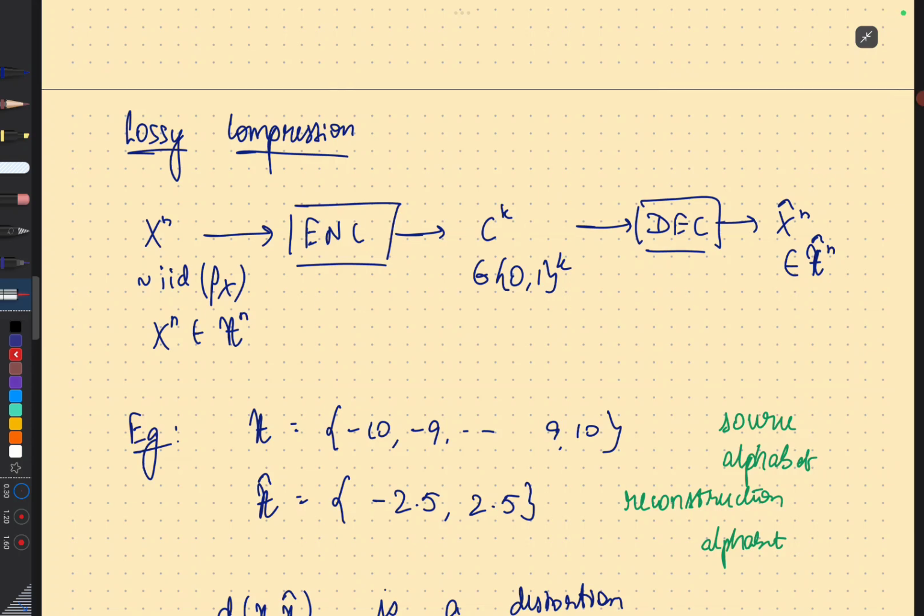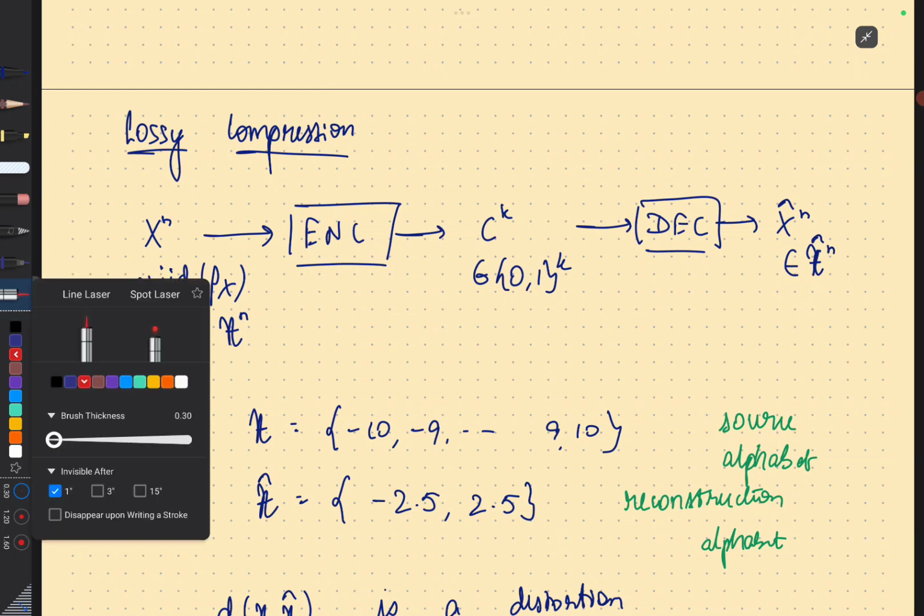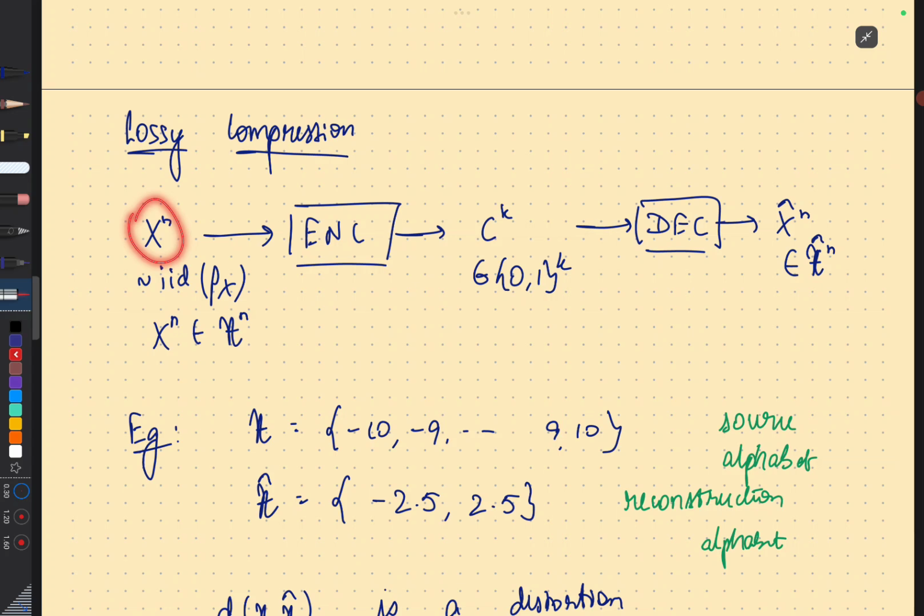Alright, so we were trying to find the fundamental limits of this problem of lossy compression of a memoryless source. We have a memoryless source x^n whose distribution is given to us. We are assuming that this is discrete, and the goal is to compress this to a k-length compressed sequence or code word such that we are able to reconstruct a version x hat that is close to x^n.